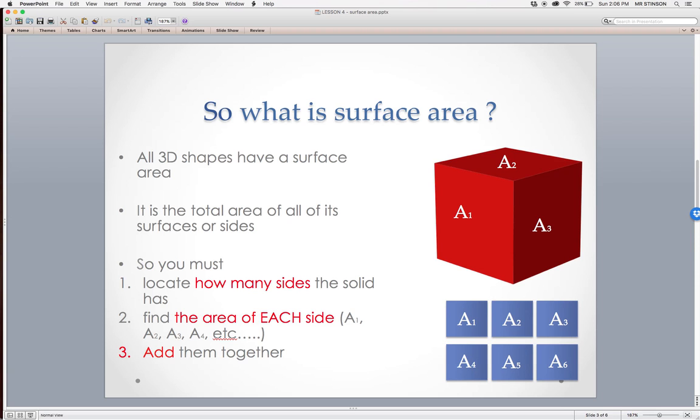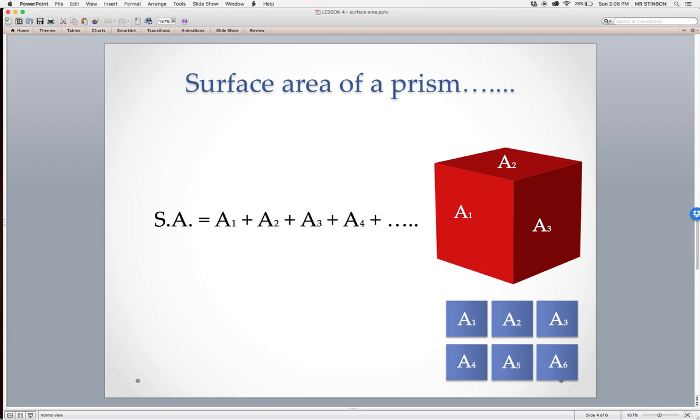The surface area then asks us to add each of these areas together. So, our final surface area would be SA equals A1 plus A2 plus A3 plus A4, and in the nature of a cube, plus A5 plus A6. We would find the individual areas of the sides and simply add them together.